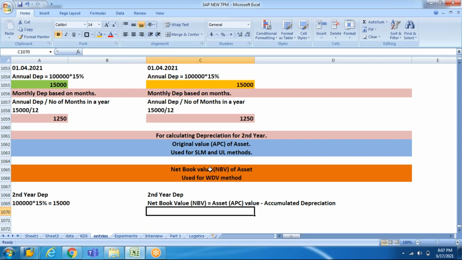What is the formula for calculating net book value? Asset value is nothing but the APC value from the SAP point of view. Asset value minus accumulated depreciation will give you net book value.